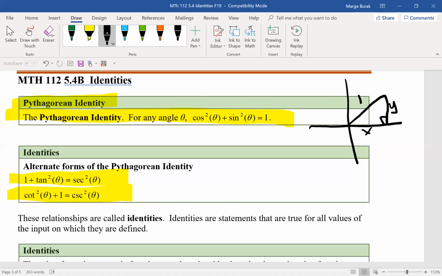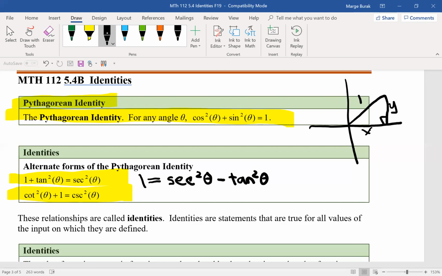For example, 1 plus tangent squared theta equals secant squared theta. You can also say, if I move the tangent to the other side, then secant squared minus tangent squared equals 1. So you can rearrange algebraically like this.